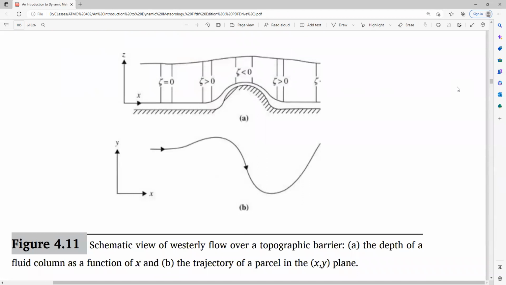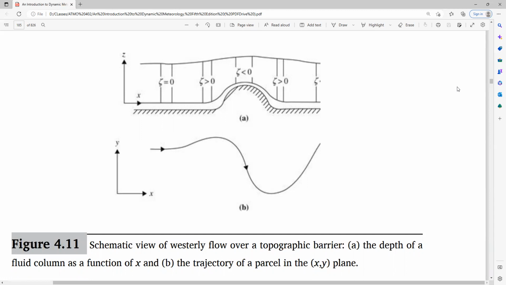So when we talk about the western flow in this situation, and really the conservation of potential vorticity, I would like to point out this is based on the shallow water equation. Based on the shallow water equation, that means the flow is incompressible. And we know that is not true.